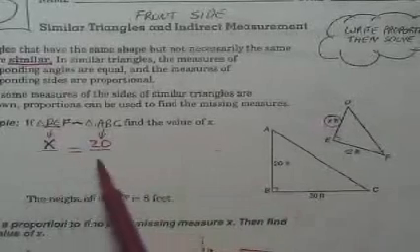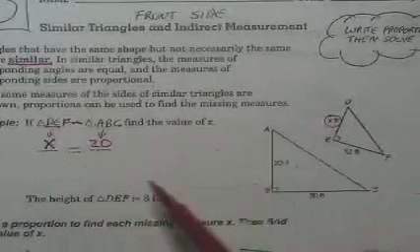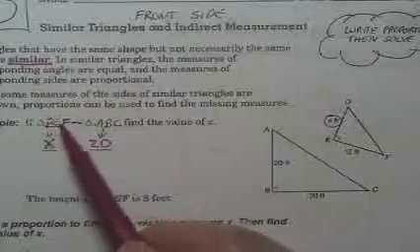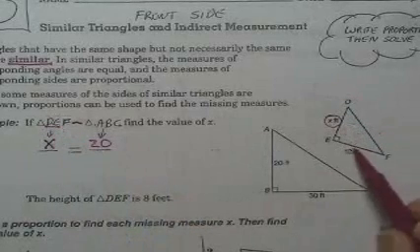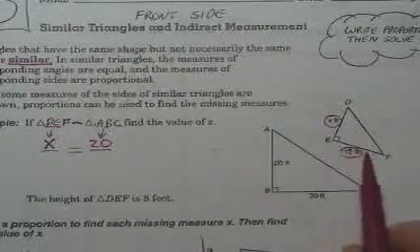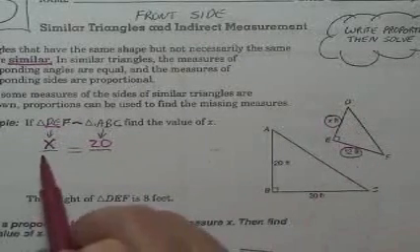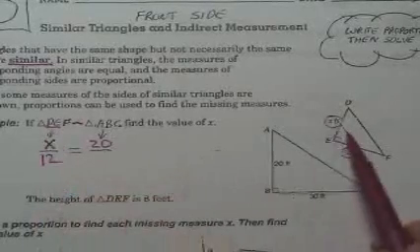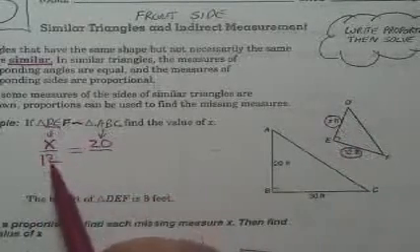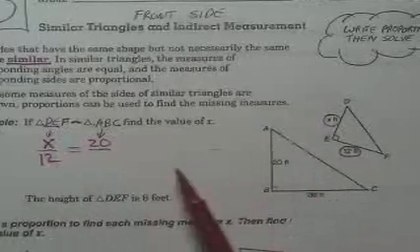Now we're going to compare it to another side on this triangle. Let's go to triangle DEF. We know what X is, and we know this side right here, EF. That's 12. We know an X and a 12 for triangle DEF. For this triangle, we know 20.